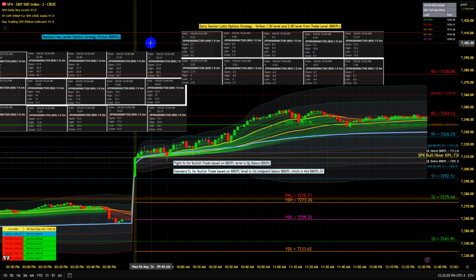The late session lotto option strategy is for a window of time between 2 p.m. and 3:45 p.m. The SPX closes at 4 p.m. Eastern New York time. The late session lotto option window begins at 2 p.m. and runs all the way, as far as considering entries, to 3:45 p.m. The late session lotto option strategy has different rules than the early session strategy.